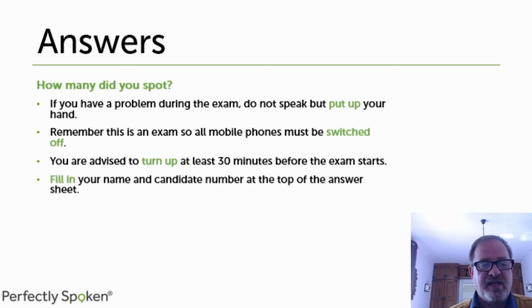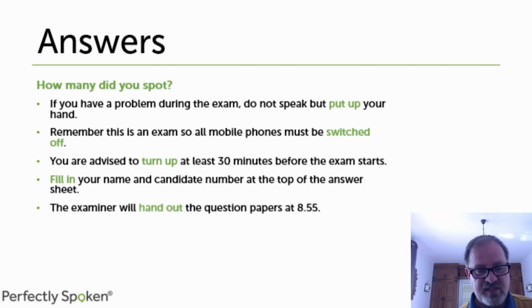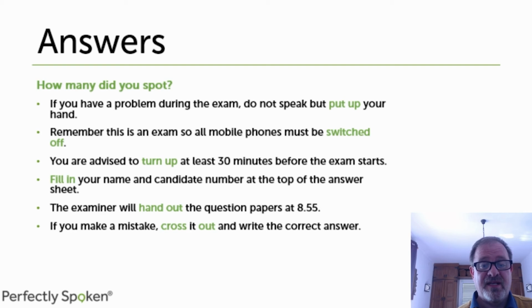Fill in your name, complete the document, meet the form. Fill in your name and candidate number at the top of the answer sheet. The examiner will distribute the question papers at 8:55 or 5 to 9. If you make a mistake, cross it out and write the correct answer. Put a line through it.